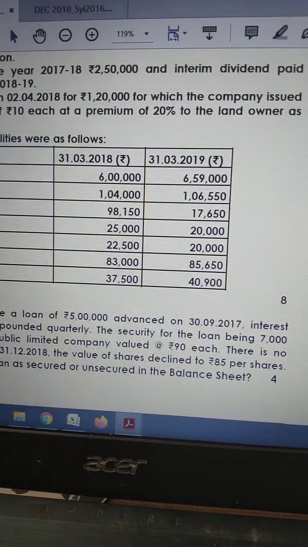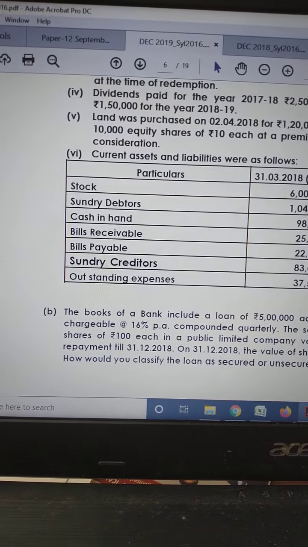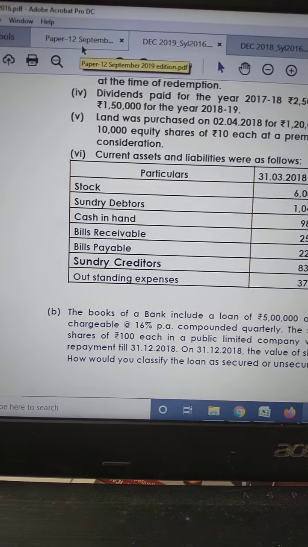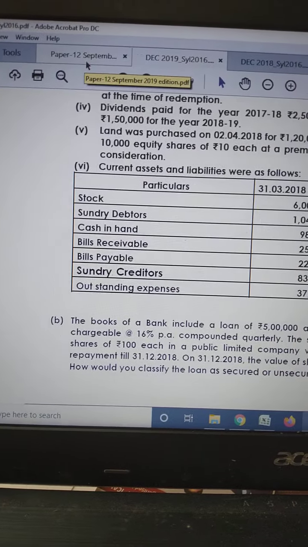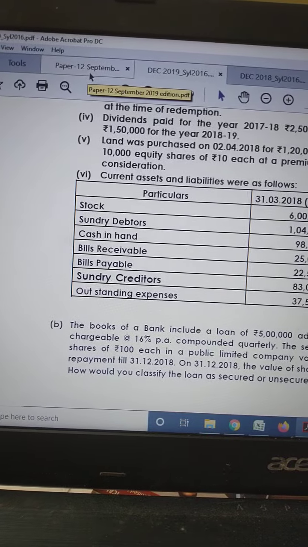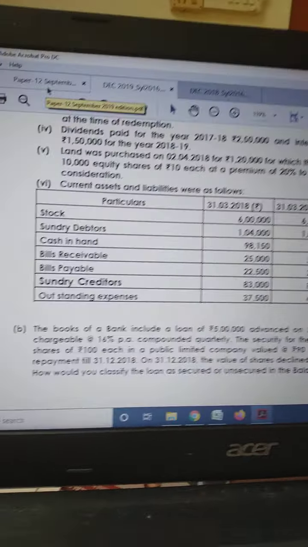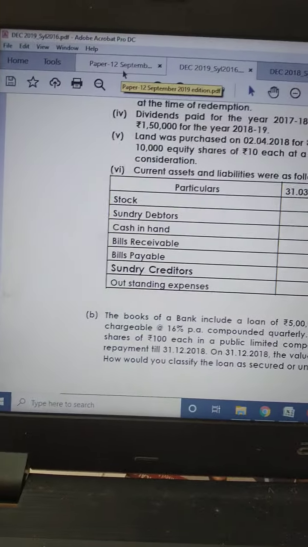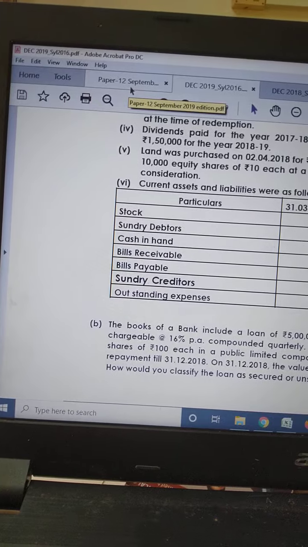So with this understanding, we have to work out the problem. All of you, please go through the format, indirect method format, cash flow statement format before starting working out. Just go through, that will be helpful.